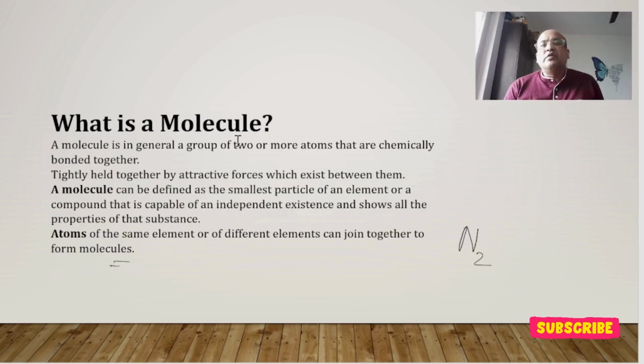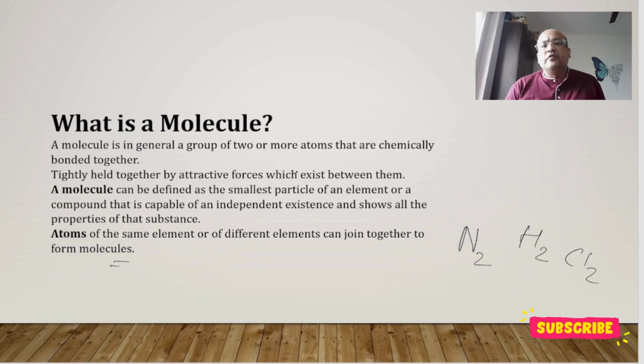Now let's talk about what a molecule is. A molecule is generally a group of two or more atoms that are chemically bonded together, like nitrogen, hydrogen, and chlorine.